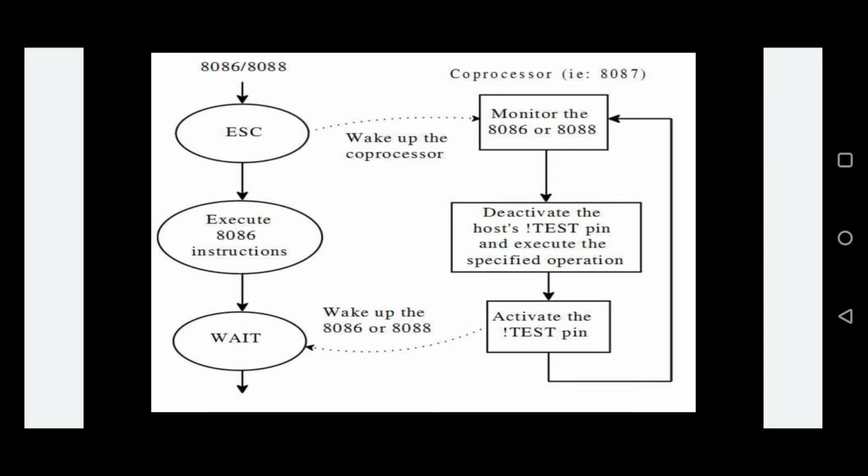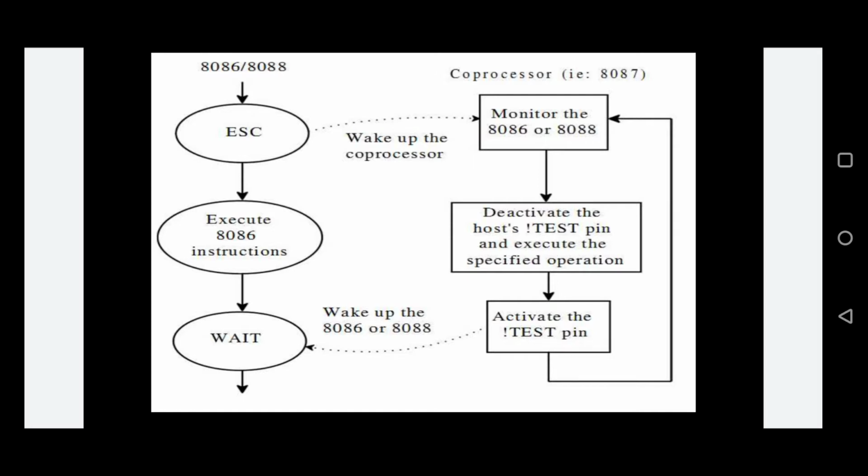Next, the CPU fetches the instructions from the memory, and third, the 8087 uses the Q status pins to identify and obtain the instruction fetched by the host CPU. The host CPU is the 8086 processor. By using the escape instruction, the main processor wakes up the coprocessor.